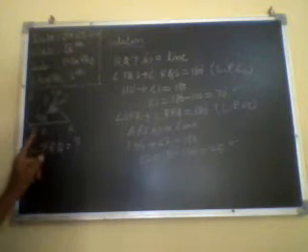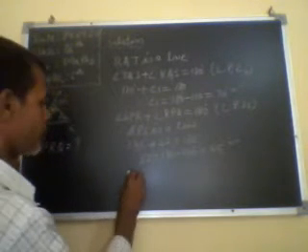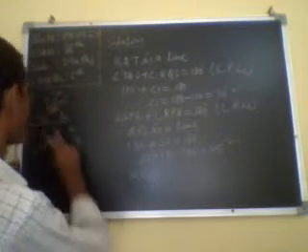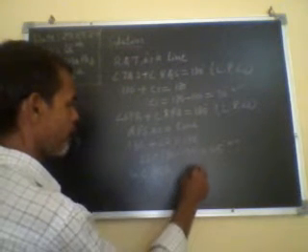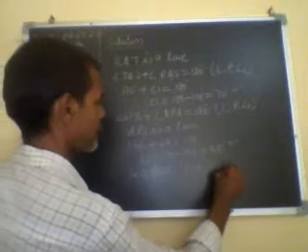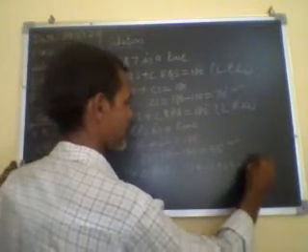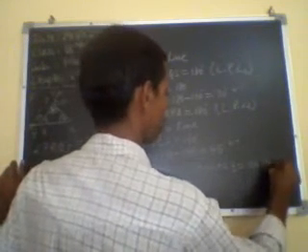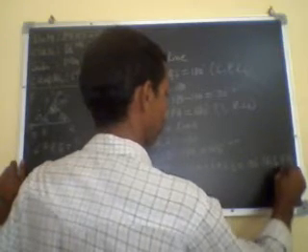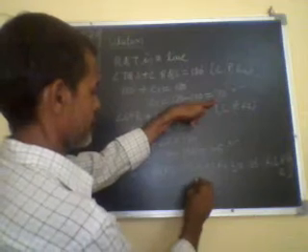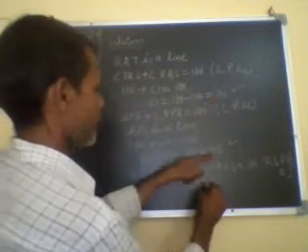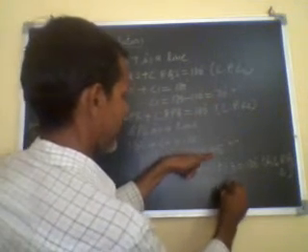Now come to angle PRQ. PRQ is this angle, marked as angle 3. Now in triangle PQR, angle 1 plus 2 plus 3 equals 180. The reason is the angle sum property of a triangle. Angle 1 is 70 degrees, angle 2 is 45 degrees, and angle 3, that is PRQ, is unknown.